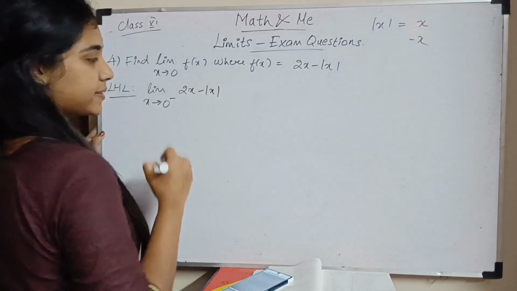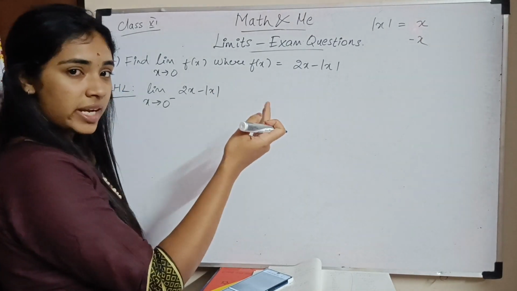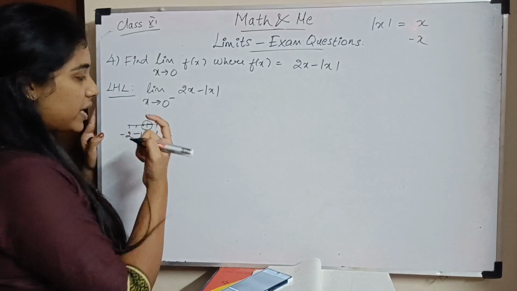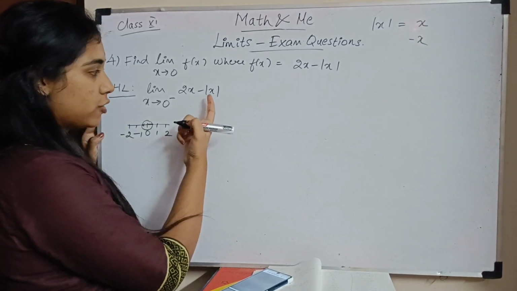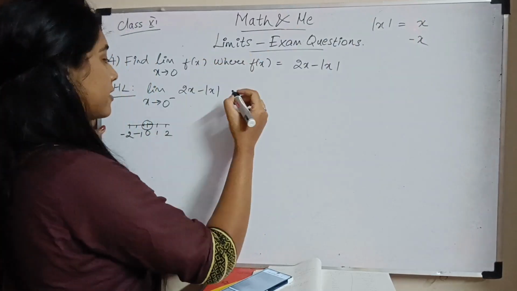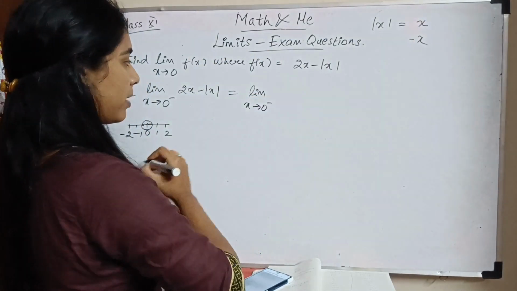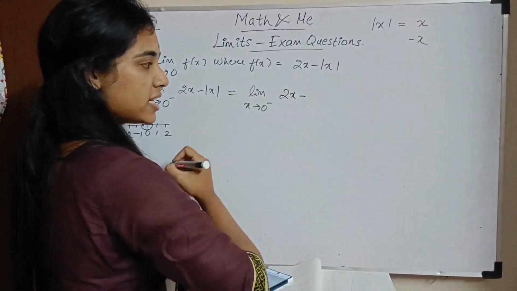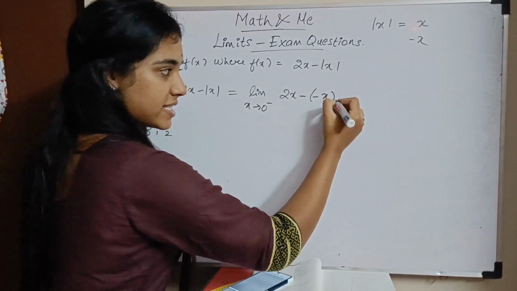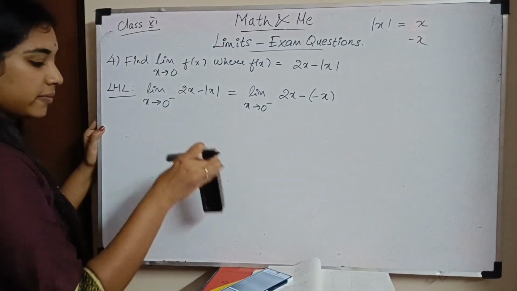What is your f(x)? If x tends to 0 minus, it is to the left of the number line, so it is a negative value. So mod x will take the value minus x, not positive x. So limit x tends to 0 minus of 2x minus mod x, and mod x will take the value minus x. Don't get confused between the minus signs.